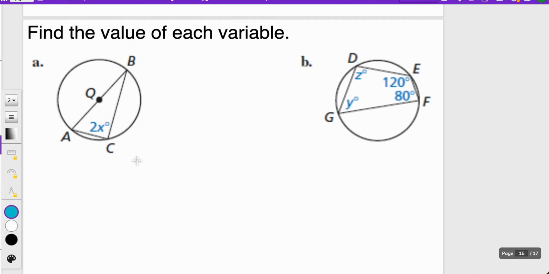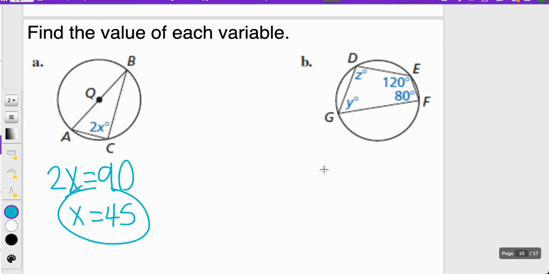So these two, find the value of each variable. Let's start with x. This one is showing that it's a right triangle, so 2x is equal to 90 degrees because it's opposite the diameter, which is the hypotenuse, so x is equal to 45. And then letter B has no calculations necessary, because if you have opposite angles, they should be supplementary, right?